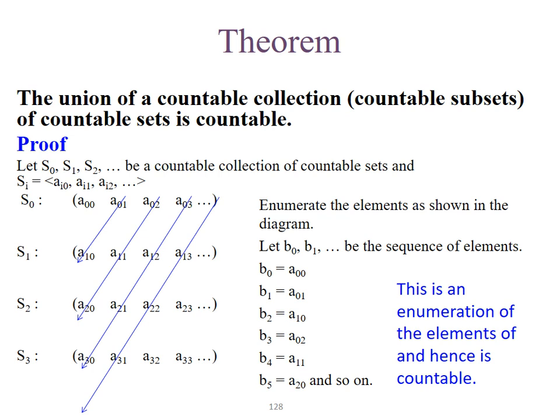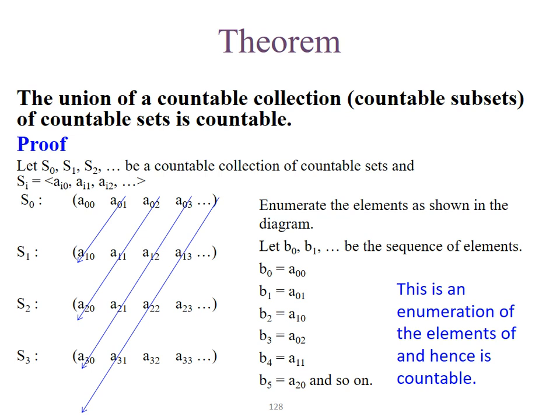All right, next let's see another theorem: the union of a countable collection of countable sets is countable. That means if you have one countable set, then all its subsets are countable, right?